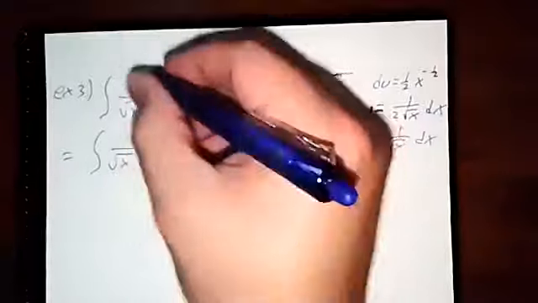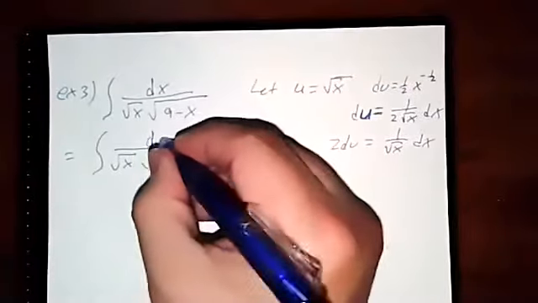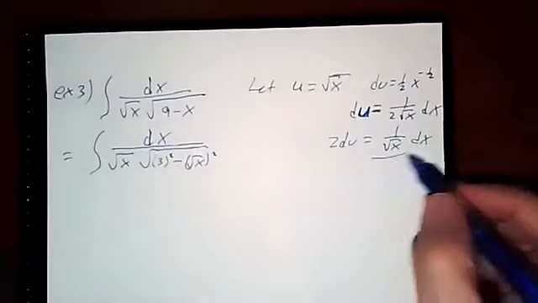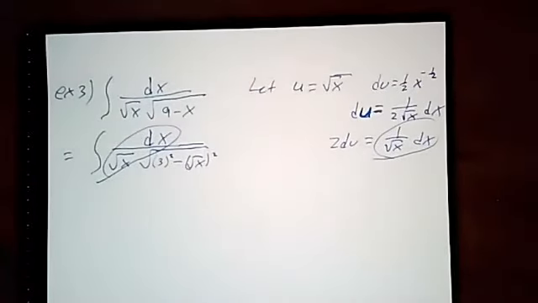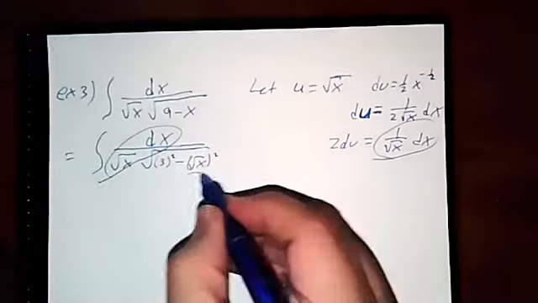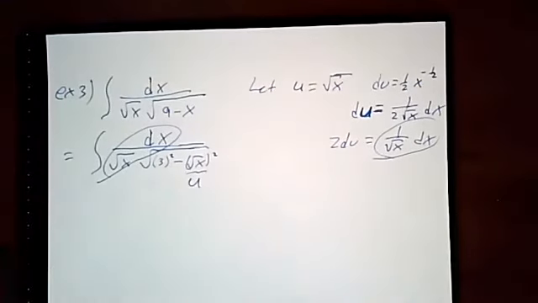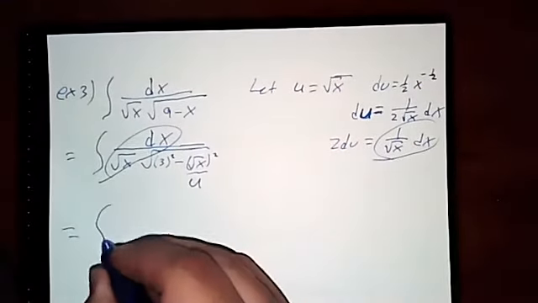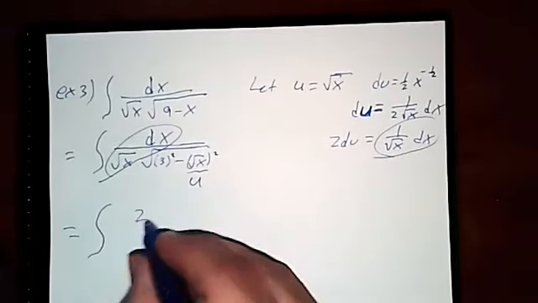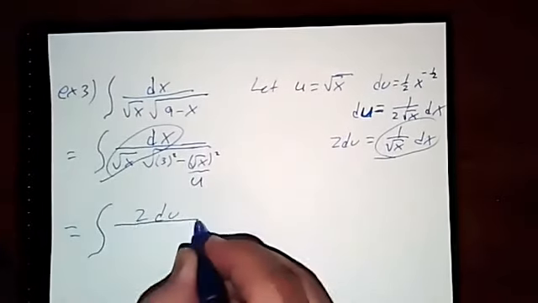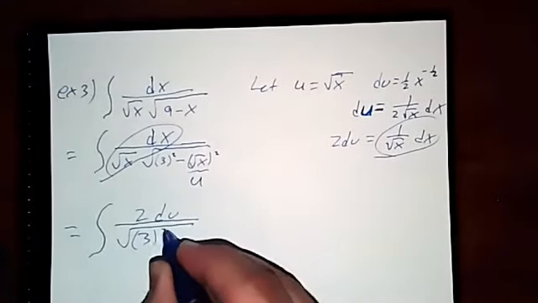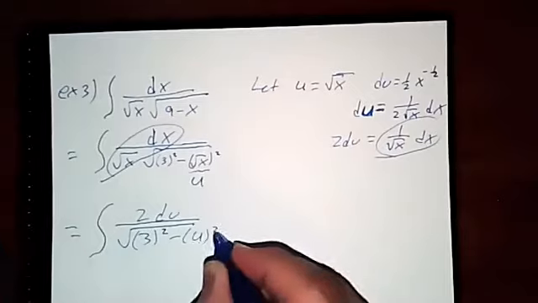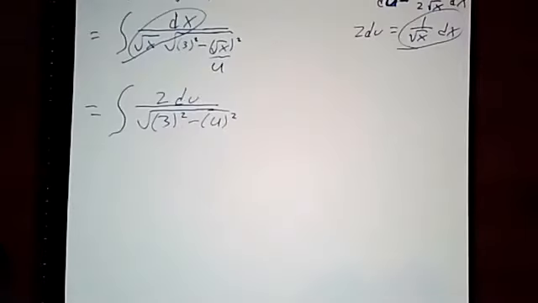So here is my dx that I forgot to write. So this guy is right here, right? You see that? Yep. And this is the u that I chose. So it looks like it's going to work out. So we're going to have 2 du replace that whole thing I circled. And we're going to have square root of 3 squared minus u squared. Now we're good to go.